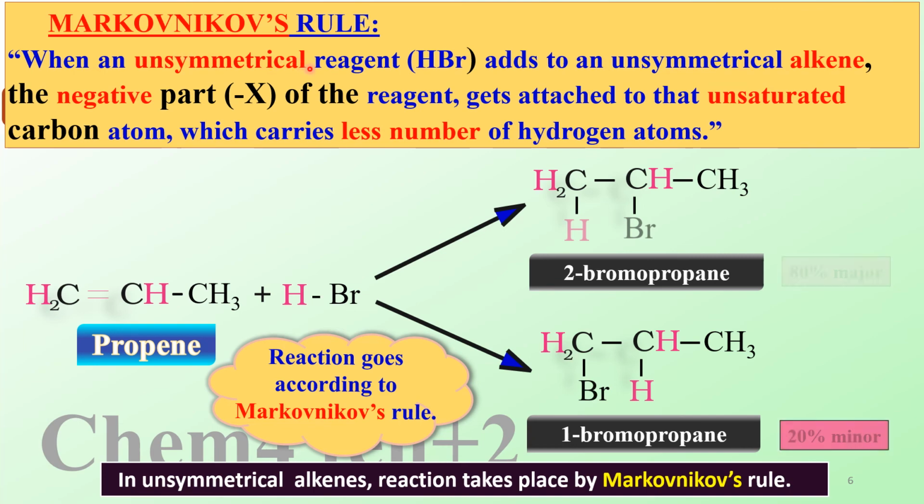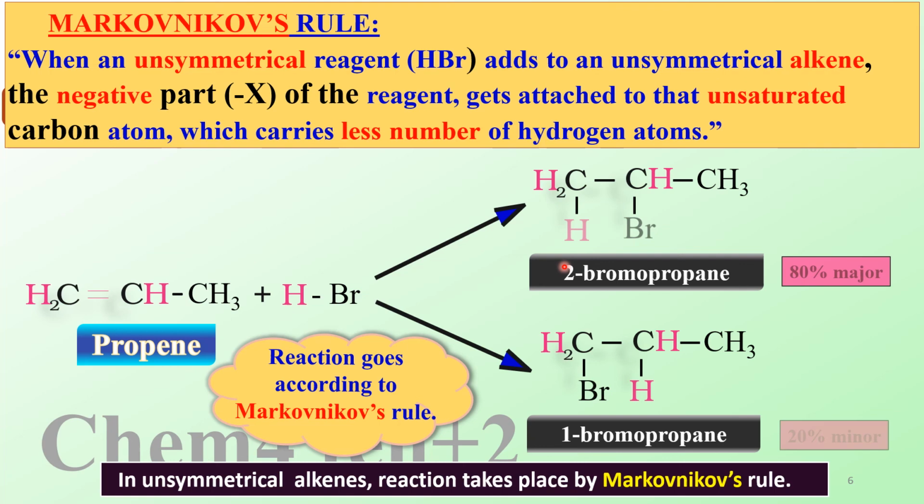Here, propene is an unsymmetrical alkene and HBr is an unsymmetrical addendum. Bromine atom, which is more electronegative than hydrogen, gets added as Br ion to the central carbon atom of propene, which carries less number of hydrogens, to give mainly 2-bromopropane.